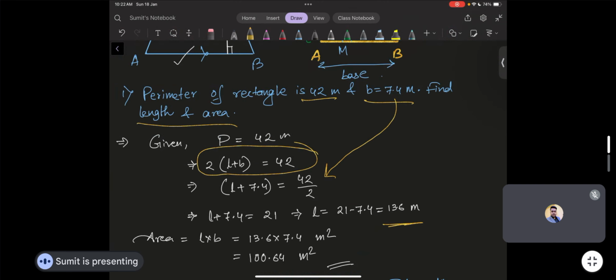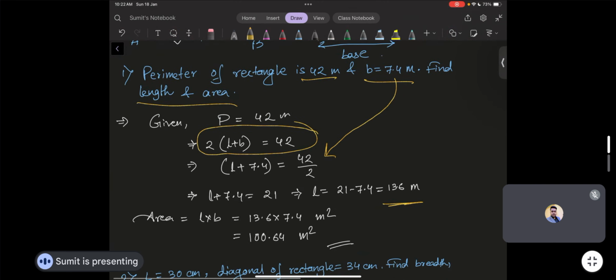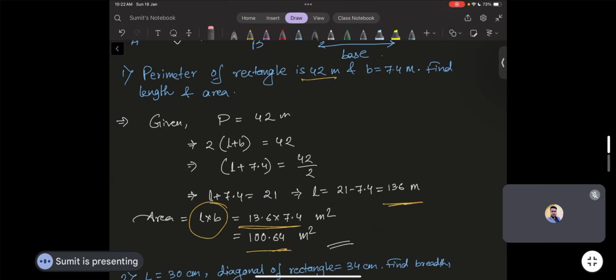After getting the length, area will be length into breadth, which will give you 100.64 meter square. Okay? There will be a lot of problems, so we will do the problems right now. But first, you write the formulas for the area and perimeter, then we will do the sums.